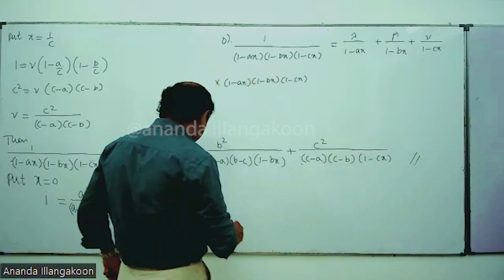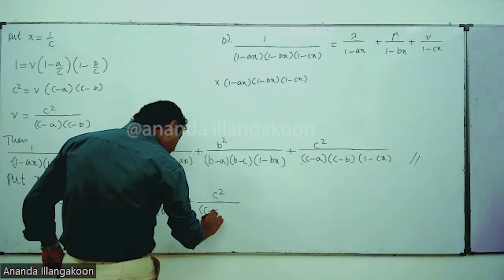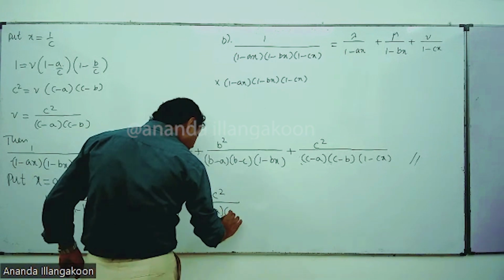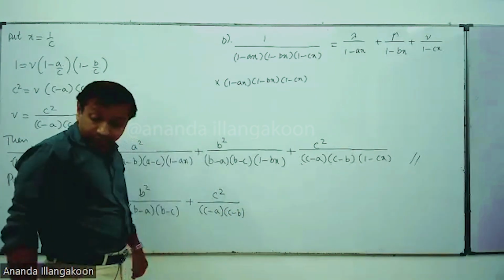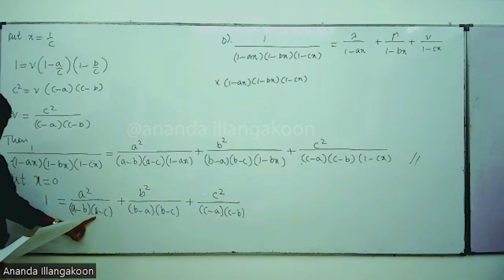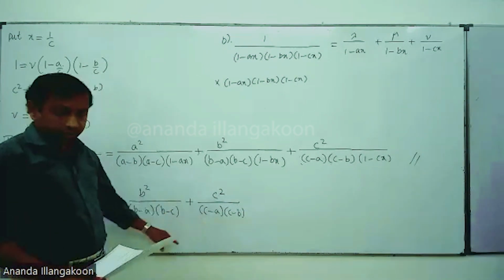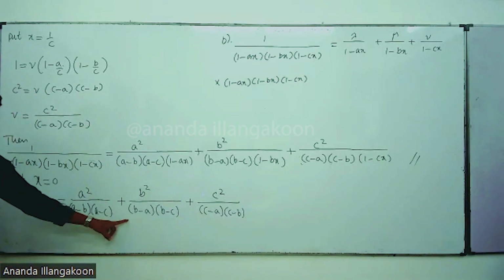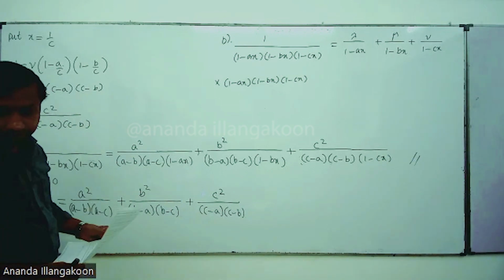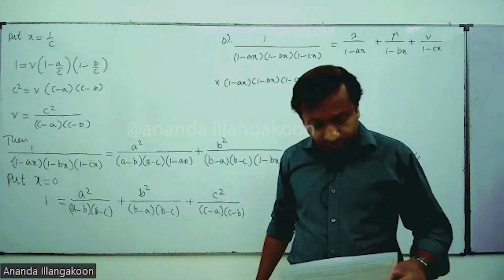C squared over c minus c, c minus c. Right? What's the answer? A squared over this is correct. This is correct. 1 equals this means this equals 1. The answer comes by that. Okay. All right. That part is okay.